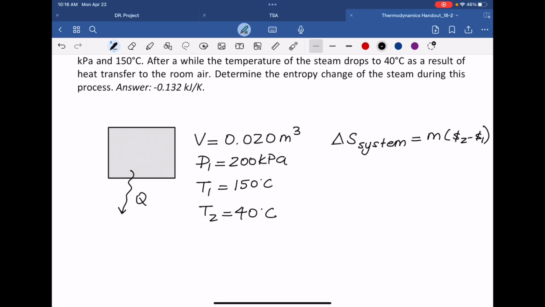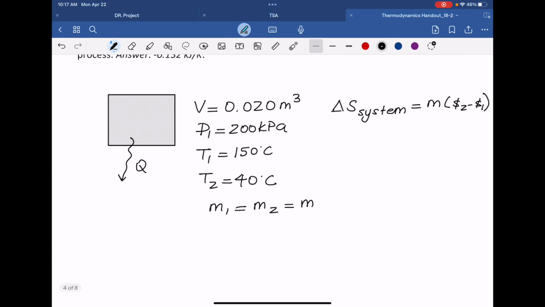Alright, seems like I have enough information because I know pressure and temperature at the first state. That will help me look at the right tables to read specific entropy at the first state. I know temperature, and I also know that specific volume is constant, because for a rigid tank, which is a closed system, mass stays the same and volume stays the same.